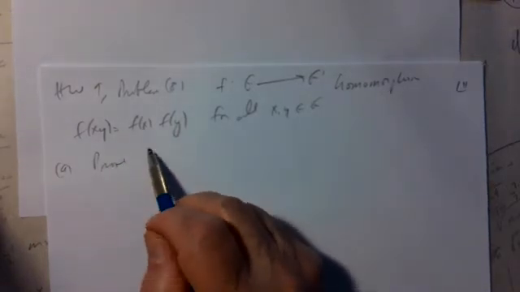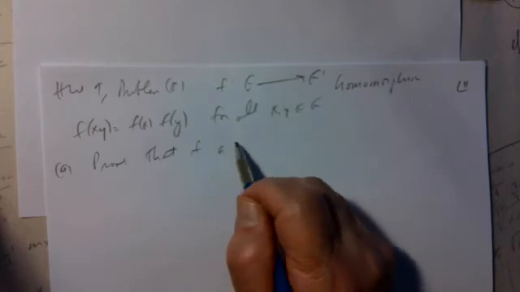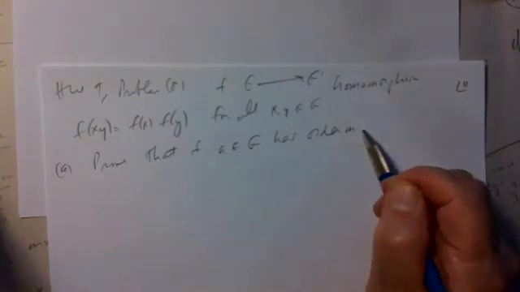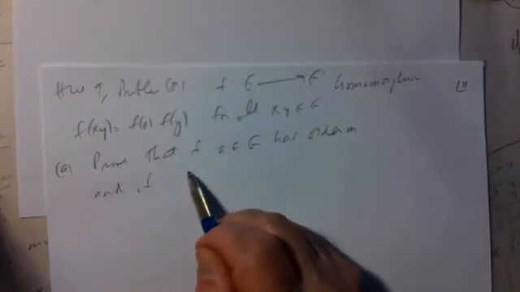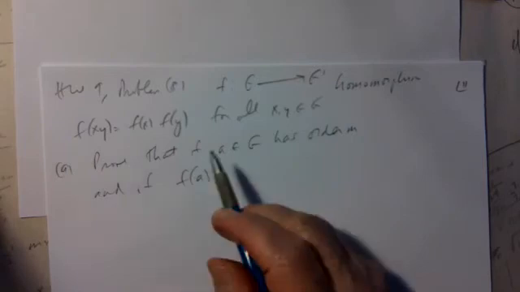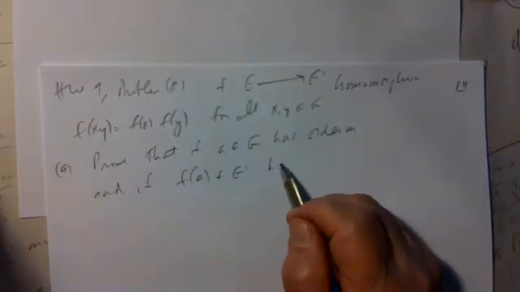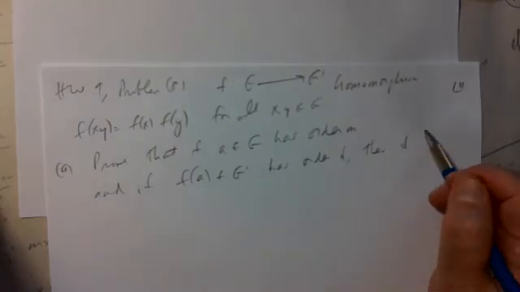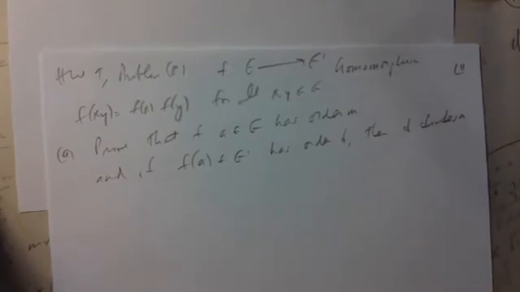And part A is to prove the following. Prove that if an element A in G has order m, and if the element f of A, which is in G prime, has order d, then d divides m. So this is a proof. We have to prove this.